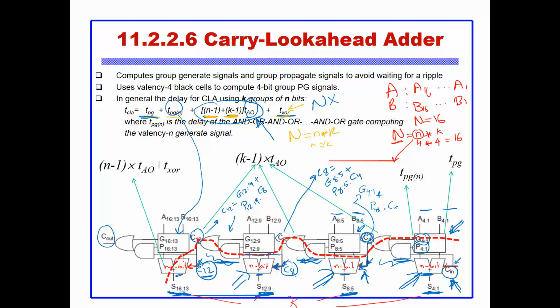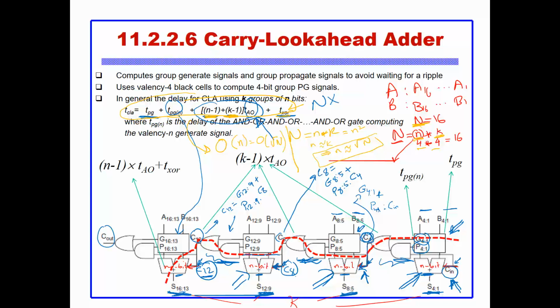Which means to the first order, this equals N, which means that n equals the square root of N, which means that the complexity of this expression is of order square root of N, because n is almost the square root of N. And I notice that here the uppercase N is 16 bits, the smaller n and the smaller k are 4 bits.